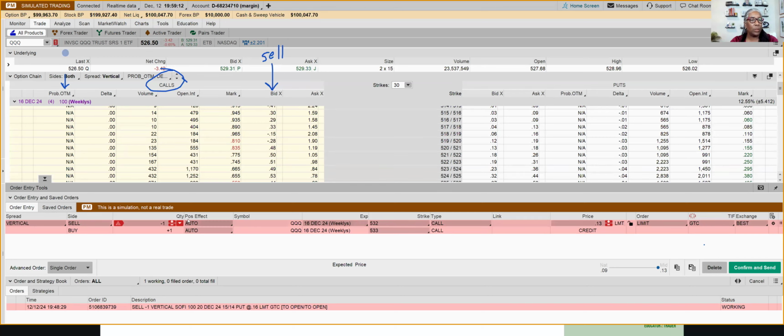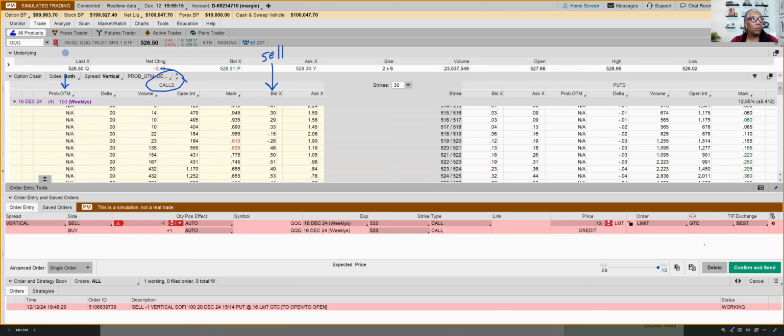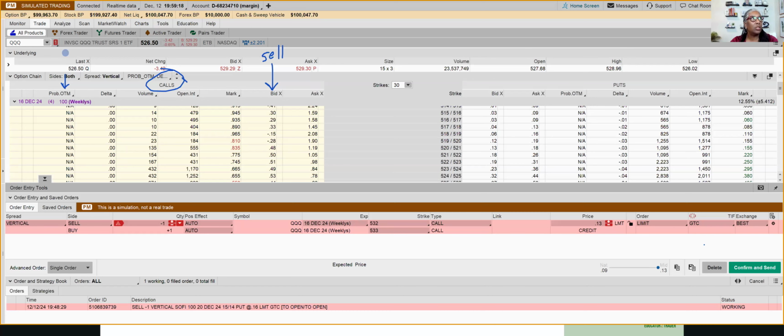So the difference between these two is 1. The difference between these two numbers is 1. So that's where our one spread, which is $100, comes into play. We're going to take in $13 in premiums.